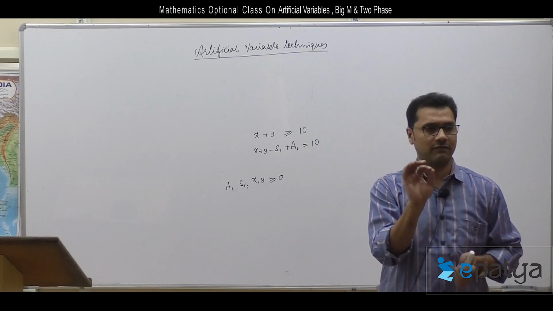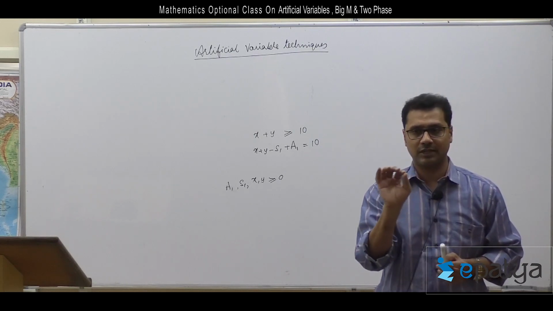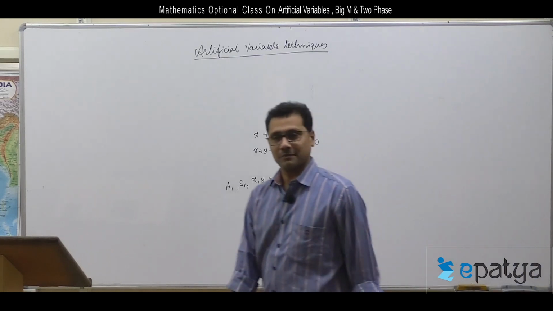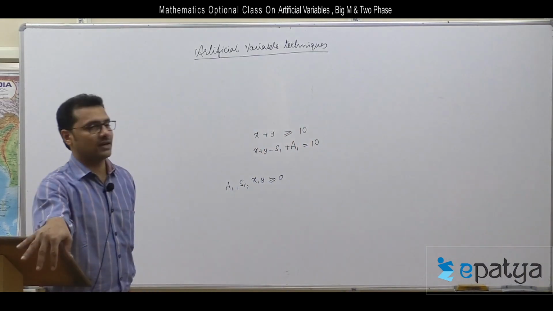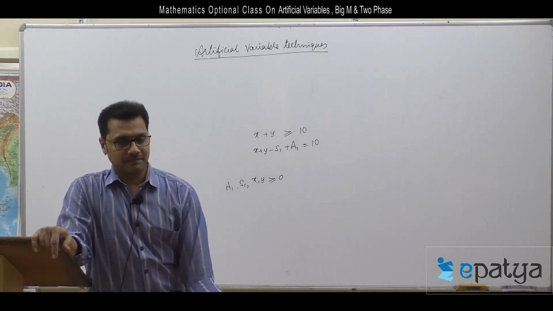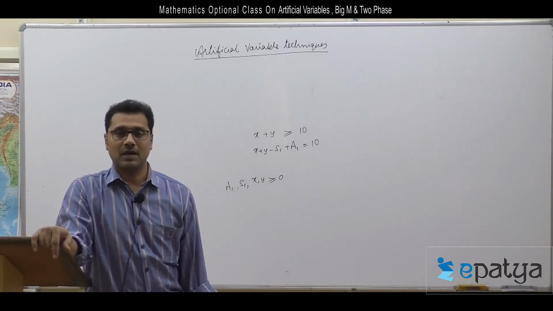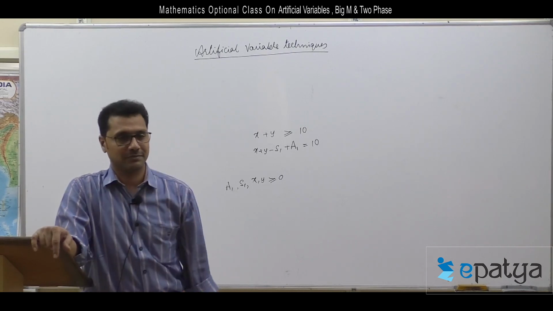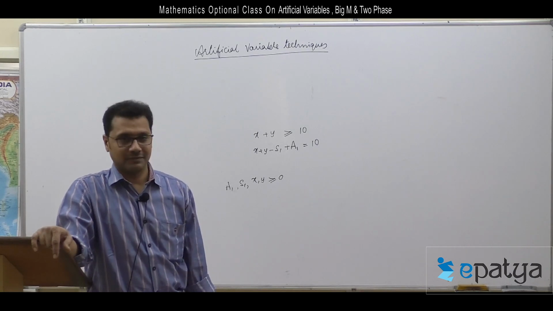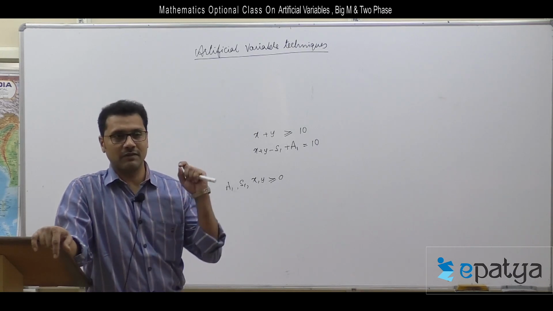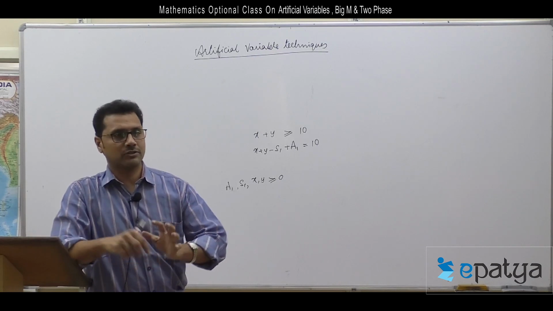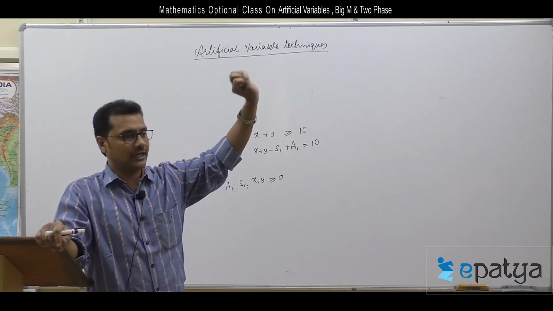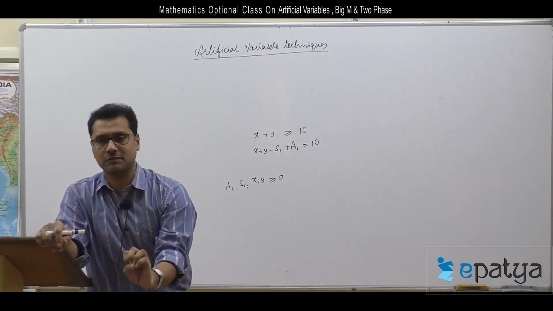As long as an artificial variable is present in the basis, you will not get a solution. Suppose somehow, because of some reason or the other, you got optimality, but still an artificial variable exists in the basis. There is no solution for this system. No feasible solution. Are you getting what I am saying? Artificial variable is most dangerous. It has to be thrown out of your system as soon as possible. It cannot exist in the system if you want a solution for the system.